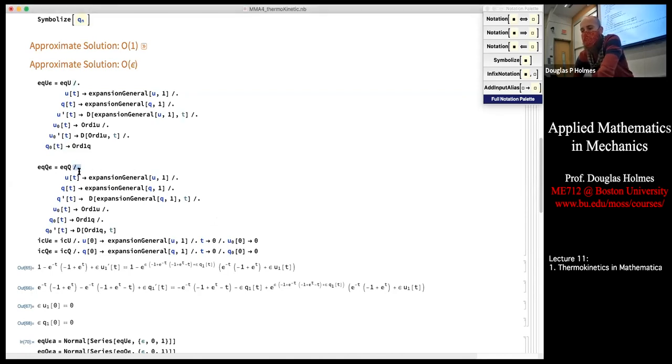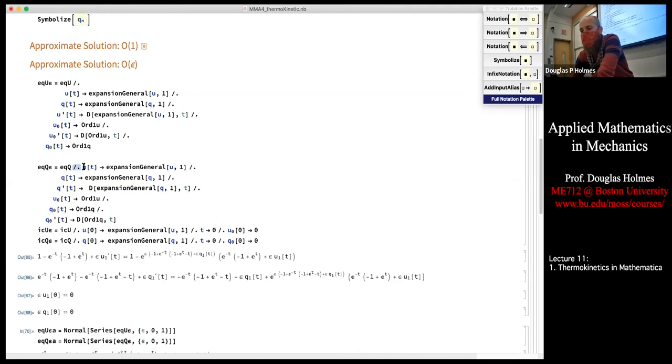Here I have slash dot, and I moved it to a different line, but this really goes here. So it's replace all u of t, and the rule is that u of t is replaced with this junk here.